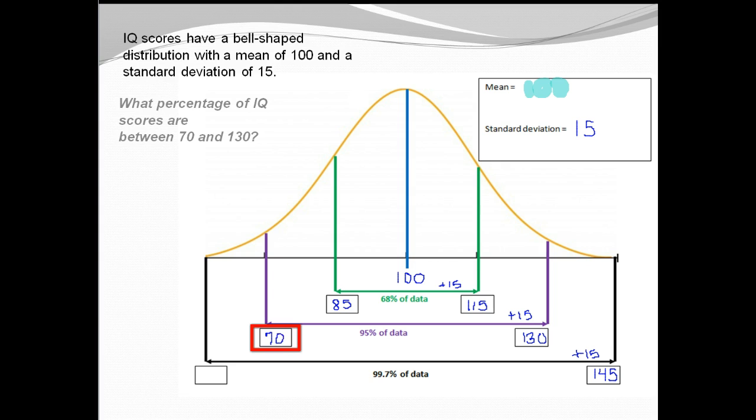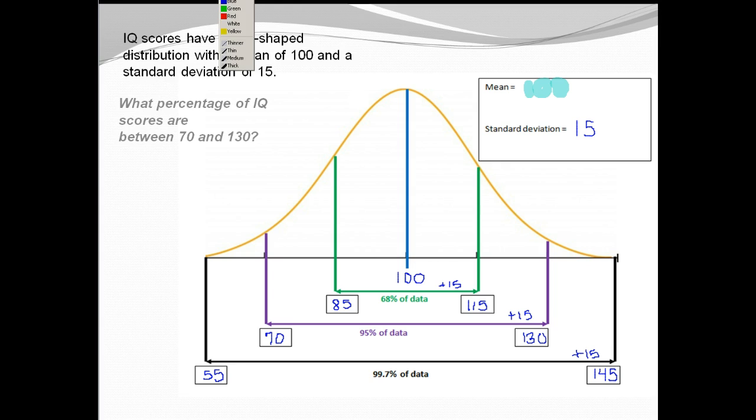We would subtract 30. Let's subtract 15 again, for 3 standard deviations, which would be 45, and that's going to take us down to 55. Now that we've filled this in, we didn't really need to fill the whole thing in just to answer this one question, but it sure makes it a lot easier to have all this information in case we need to answer more than one question.